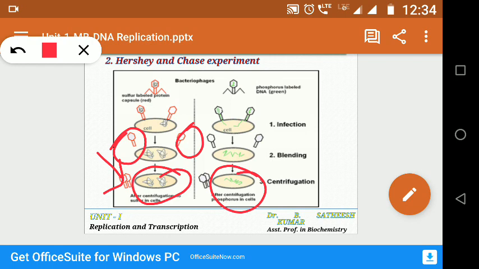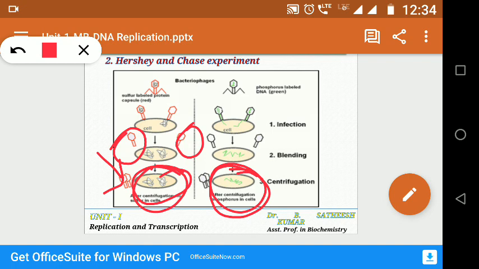Those protein coats are really separated. So there is no radioactivity inside the cell. But in the second set of experiment, they had radioactivity inside the cell because the nucleic acids entered into the cell.